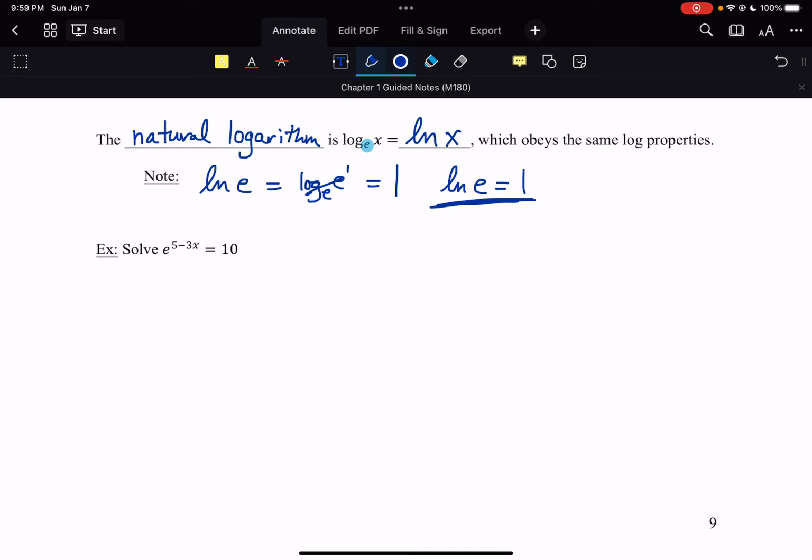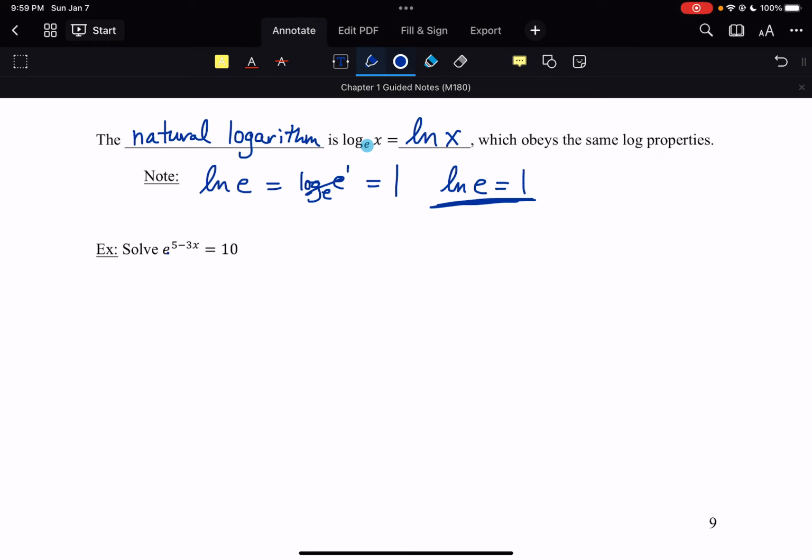Now, this is where logarithms can help us a great deal, because this x is currently trapped inside the power of this e, and there's no way to get it out using just our standard algebraic techniques. What we need to do is utilize log properties.